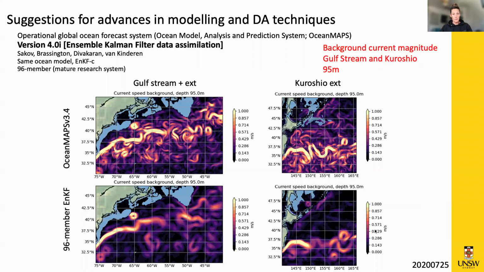And some comparisons for other boundary current systems represented in this global model. We can also see that there's improvement in the ENKF compared to the previous ENOI system in both the Gulf Stream extension and the Kuroshio.